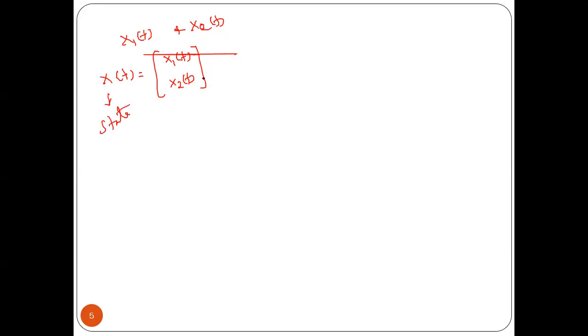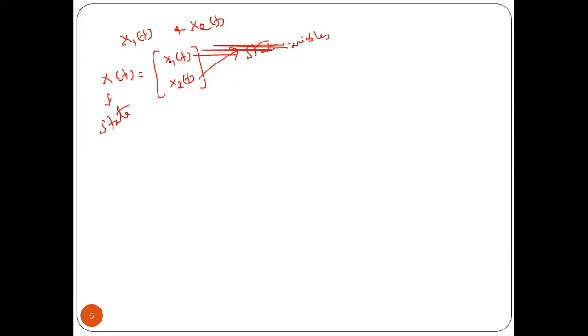So if x1 and x2 both are the state variables, this is the state, and these two are the state variables.